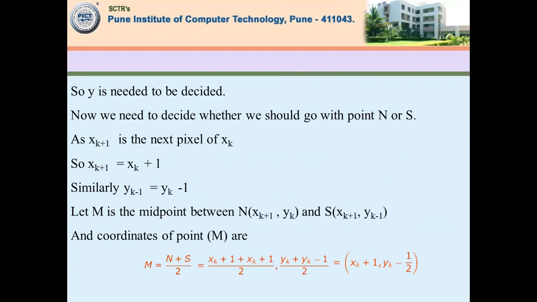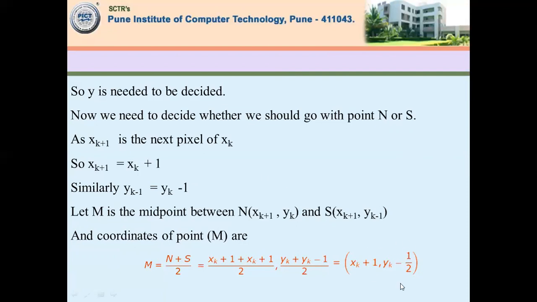Then for the north and south values, the north value is xk plus 1, yk. What about the south value? xk plus 1, yk minus 1. That is the south value. Just add and divide by 2, because we want a midpoint for both the points. So how will you get the midpoint? Just divide it by 2.